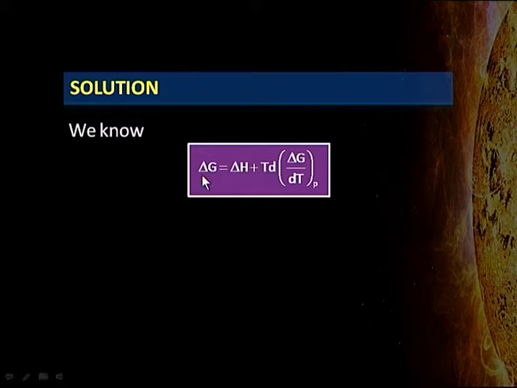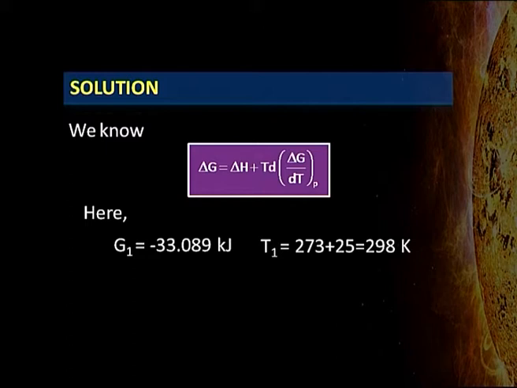Now, we can calculate the heat of reaction by using the Gibbs-Helmholtz equation in terms of delta G and delta H. As you know, the equation is delta G equal to delta H plus T d delta G by dT at constant pressure. Here we have G1 equal to minus 33.089 kilojoules, T1 equal to 25 degrees Celsius, which is equal to 298 Kelvin.